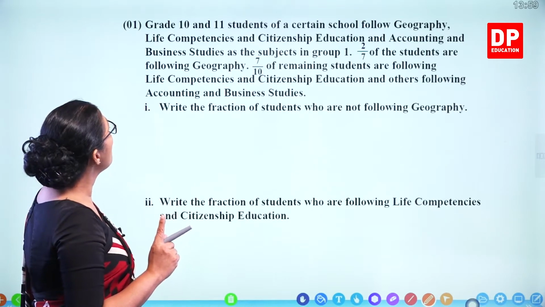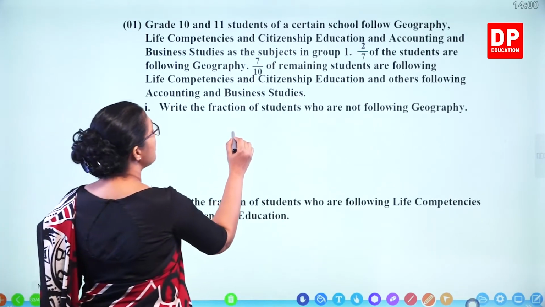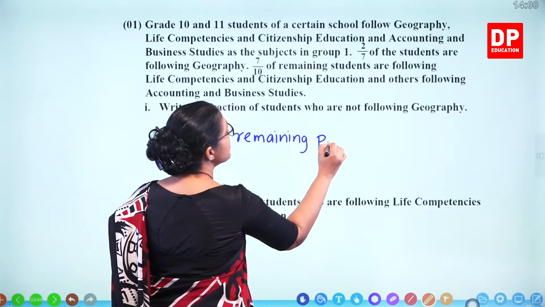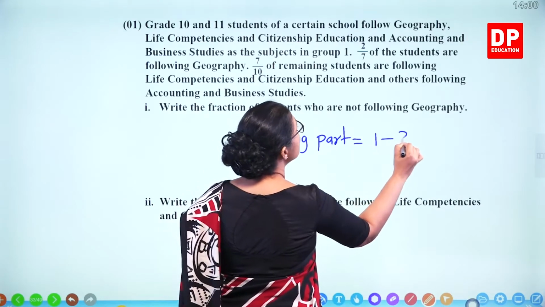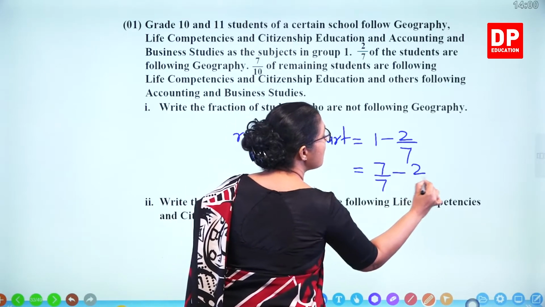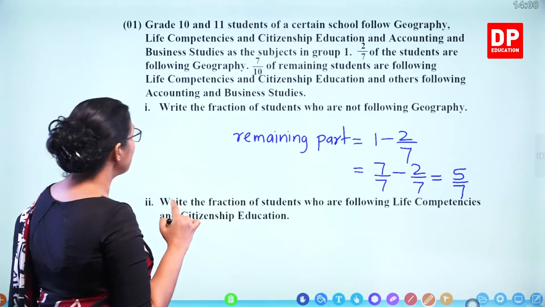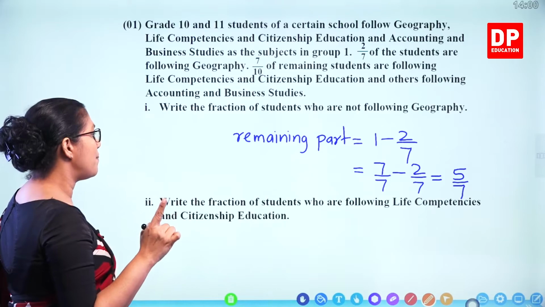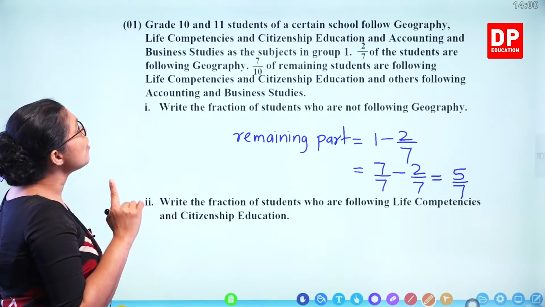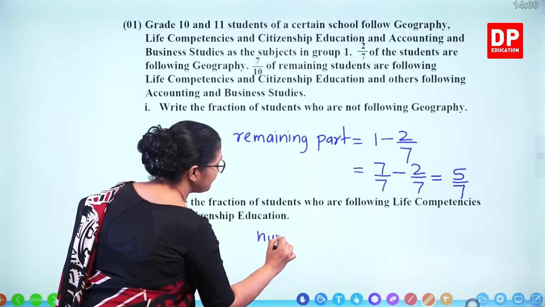So how many students follow geography? 2/7. So what's the remaining part? So remaining part is 1 minus 2/7. So 1 I can write as 7/7 minus this, that's 5/7. Then write the fraction of students who are following life competencies and citizenship education. It says 7/10 of the remaining students are following.